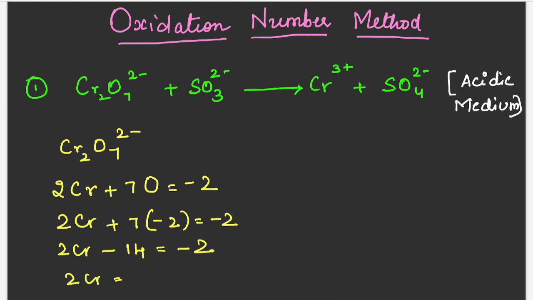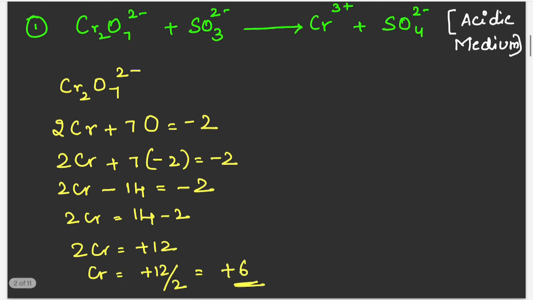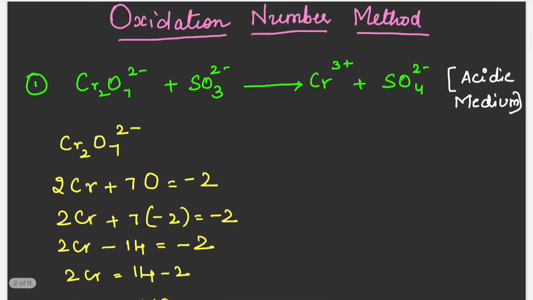So 2 times chromium is equal to 14 minus 2, which is plus 12. So chromium is equal to plus 12 divided by 2, so you will be getting plus 6 as the oxidation state. Now write plus 6 on the chromium. Next we will find for sulfur.